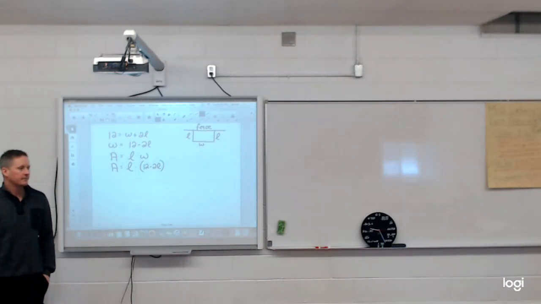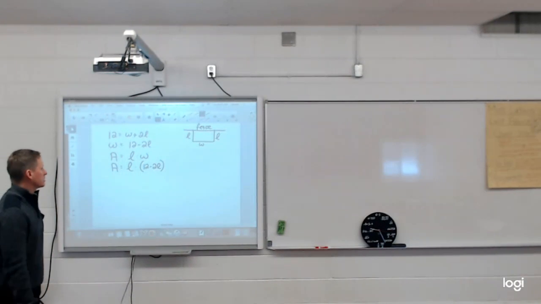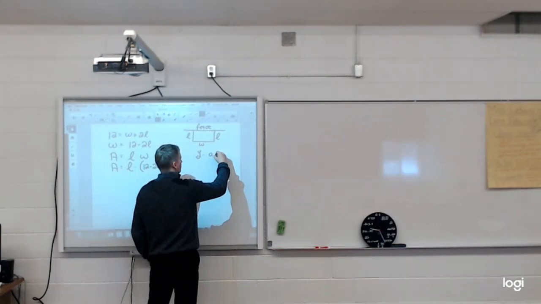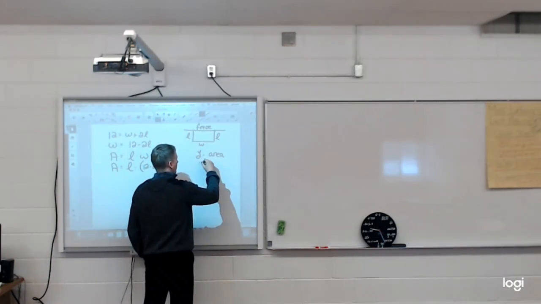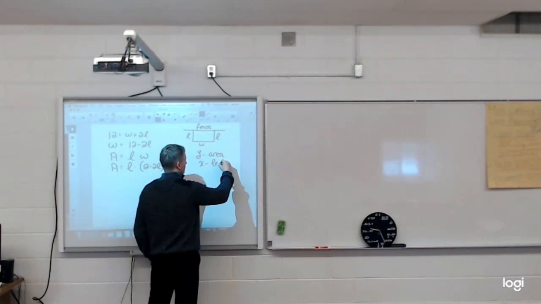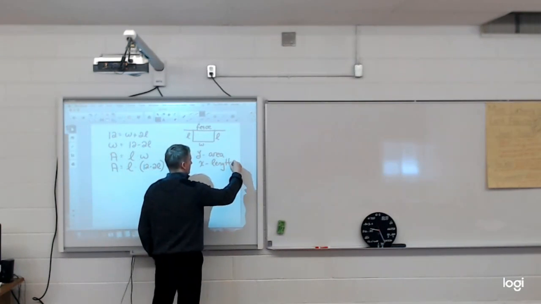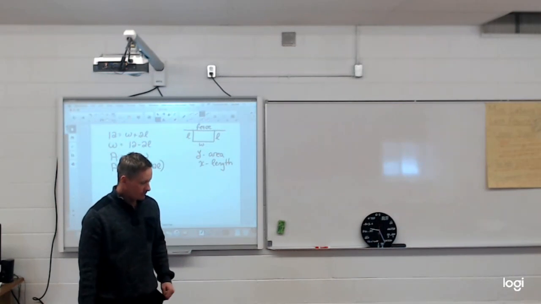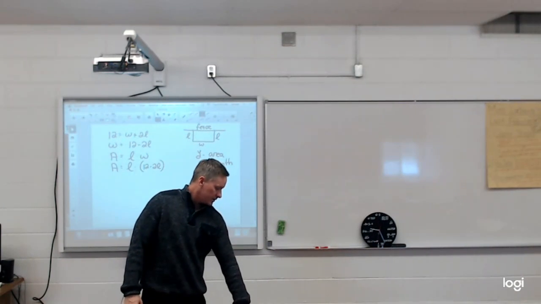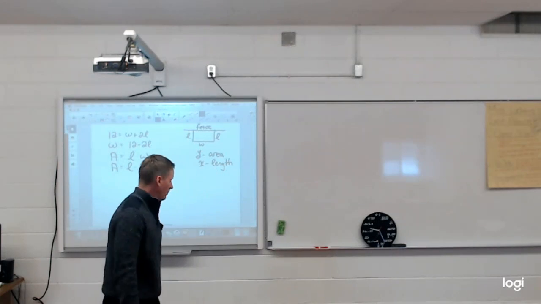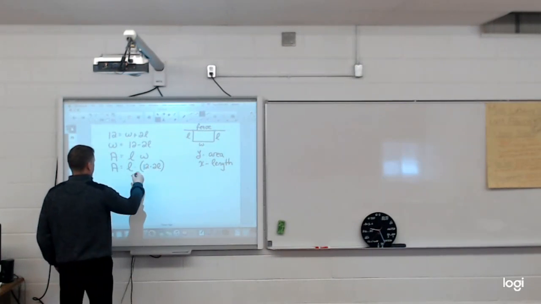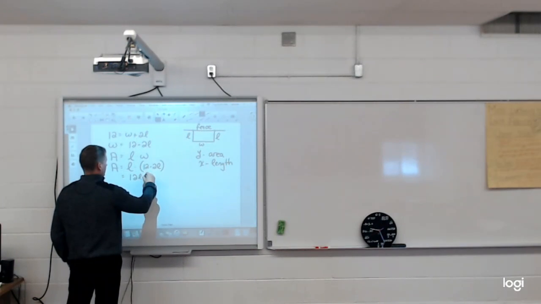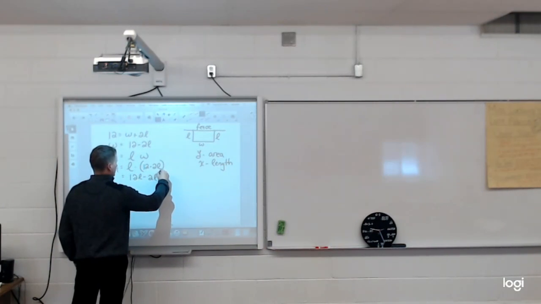Like that. Okay? So I'm going to let Y equal my area, and X is going to equal my length. Okay, so far? All right. So if I were to multiply this through here, I would end up with 12L minus 2L squared.